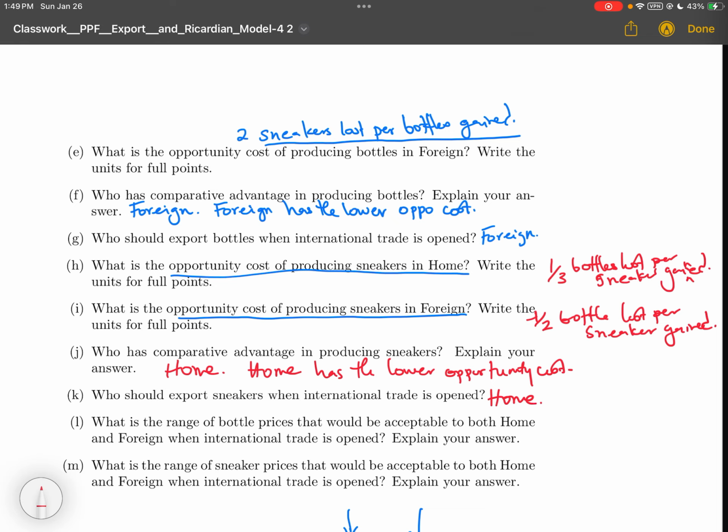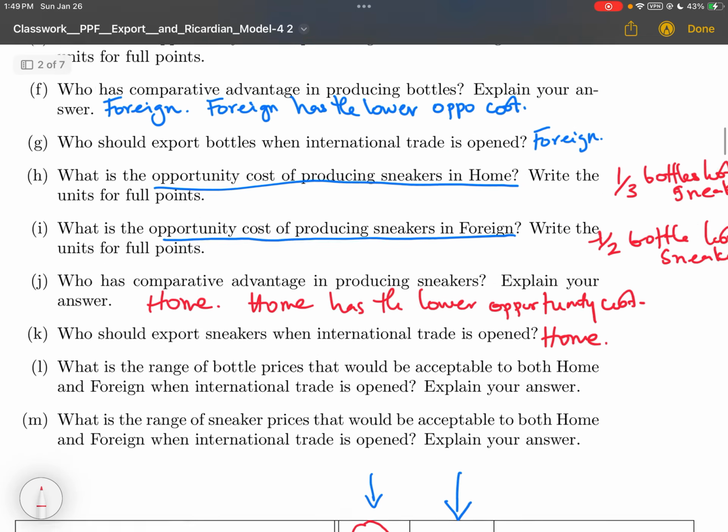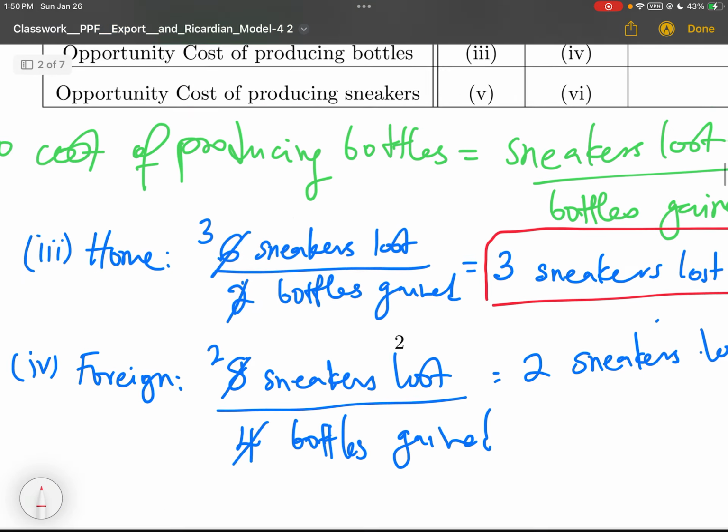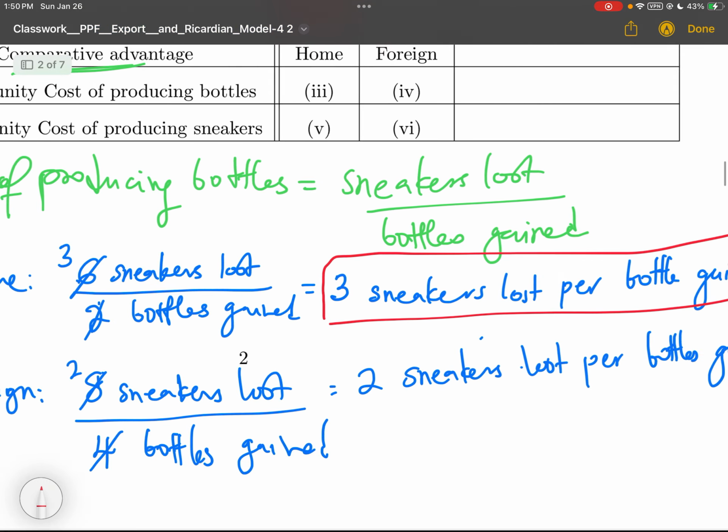Now, the next part is asking for the range of bottle prices that will be acceptable to both home and foreign when international trade is open. The range of bottle prices that would be acceptable to both home and foreign. Let's go to the opportunity cost of producing bottles.